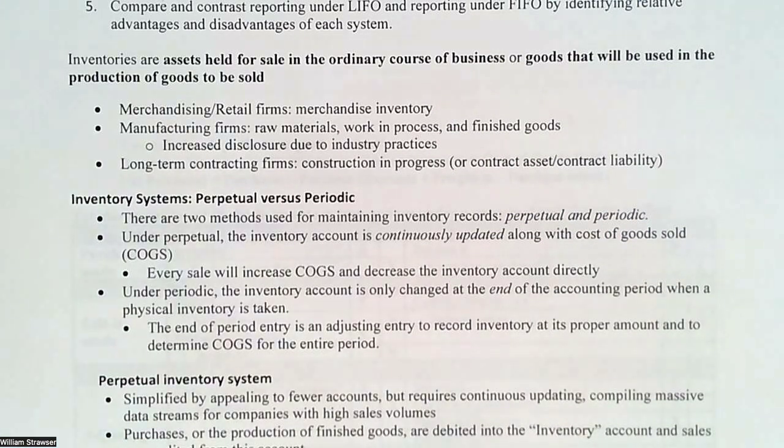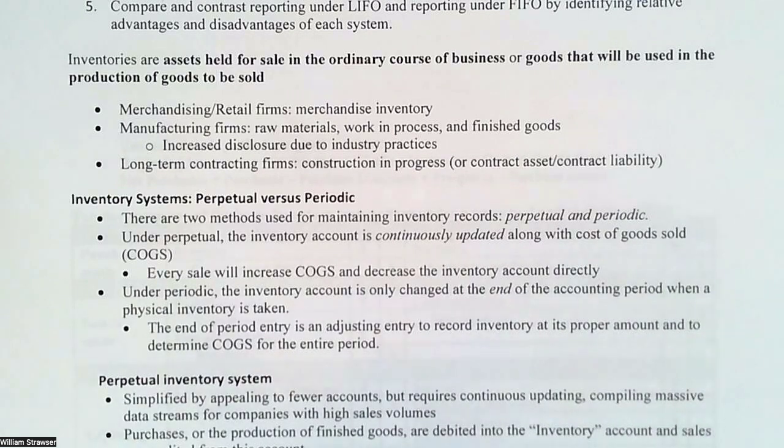We can also put inventory into long-term contracting companies. It could be like construction in progress. In that case, what we're looking at probably is something like a commercial high rise, defense contractors, things where the production of inventory doesn't happen within a year.